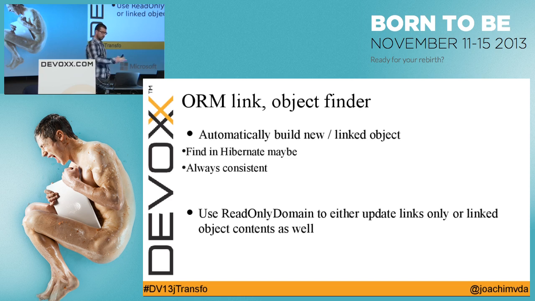What you will typically do is extract the ID, do a lookup in Hibernate or whatever. And if you don't implement an object finder, or your object finder doesn't have any results, then it will simply copy into a new object. Because there's only one object finder defined, you know that all your linked objects will always have the same kind of behavior, because they will always be using the same object finder to find that object.